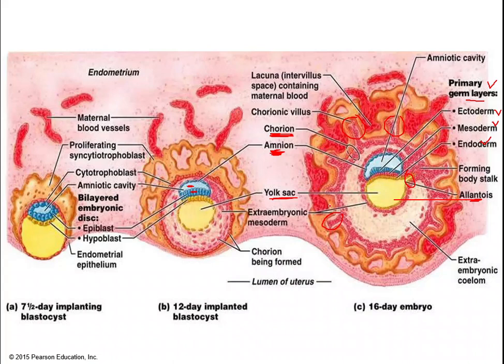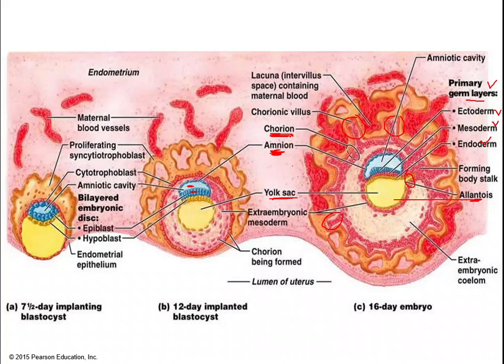So the chorionic villi will form the fetal part of the placenta. Remember, the placenta is actually made of a fetal component and a maternal component. So the chorionic villi will have contact with the maternal blood, all these blood vessels within the endometrial lining, where there will be an exchange of nutrients, of gases, of waste products between the growing embryo or fetus and the maternal blood.